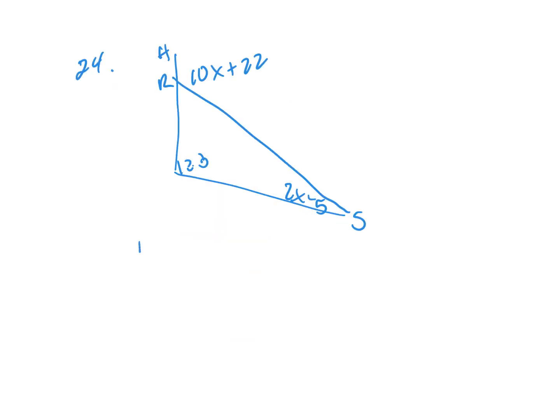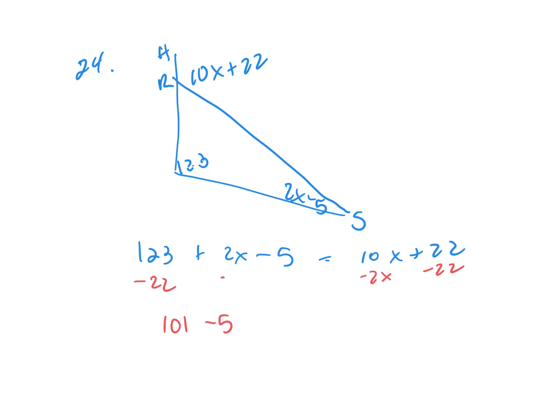So we've got 123 plus 2x minus 5 equals 10x plus 22. When I subtract 22 from both sides, I get 101 minus 5, and when I subtract 2x from both sides, equals 8x.